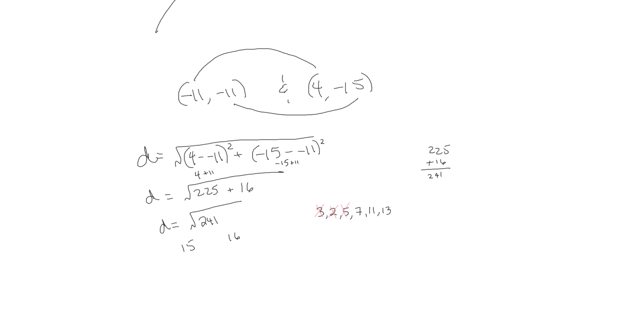And yes, I'm on my calculator. 7 doesn't work either. 11 doesn't work because the middle number isn't the sum of the two ends. All the tricks. 13 doesn't work either, it's prime. So that is what the distance is, the square root of 241.